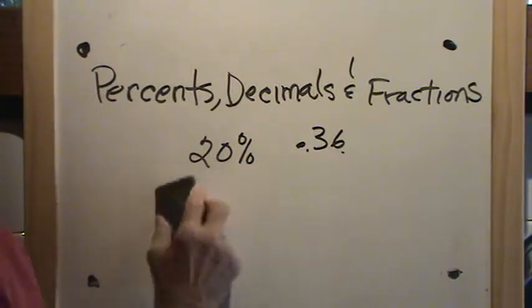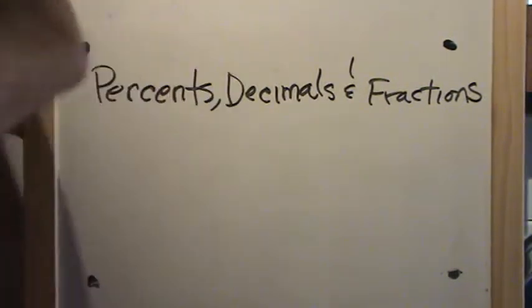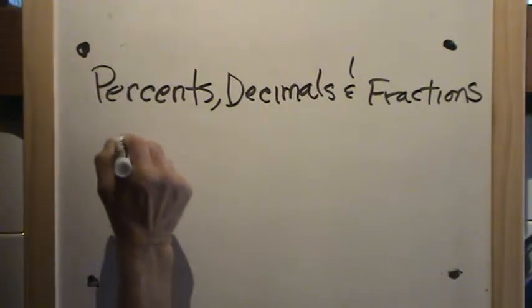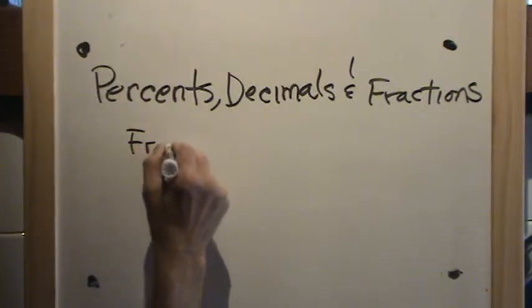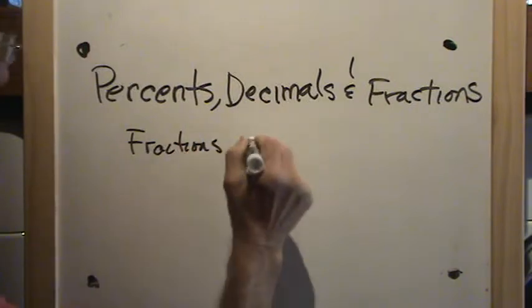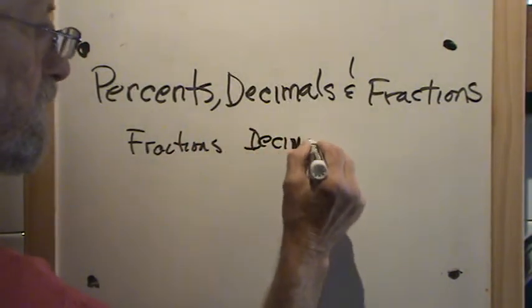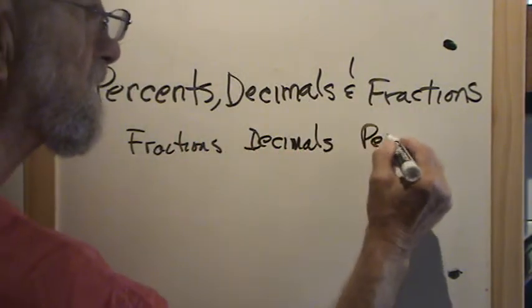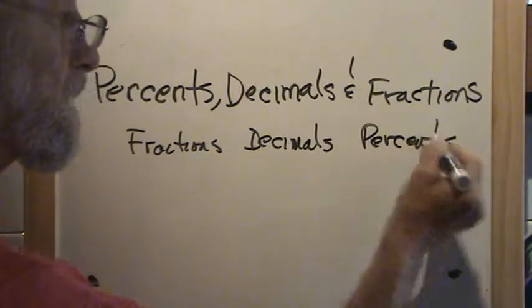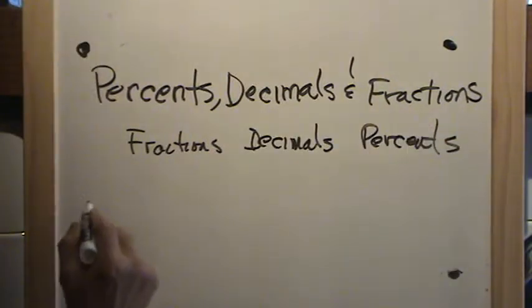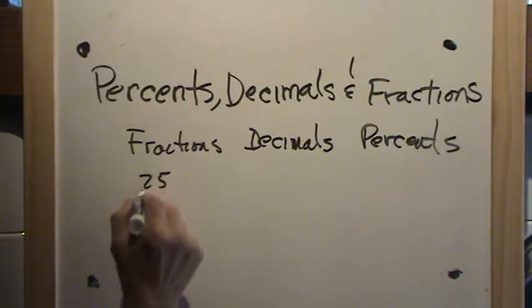Let's take a quick look now at the relationship between fractions, decimals, and percents. Let's put up the fraction 25 hundredths.